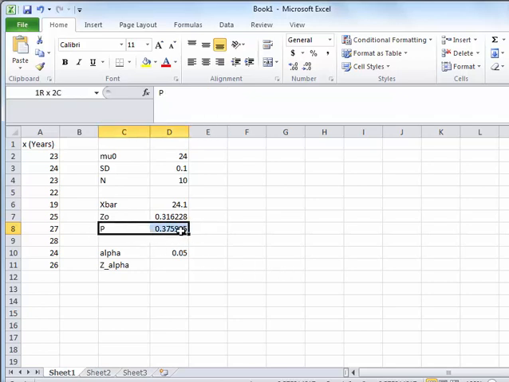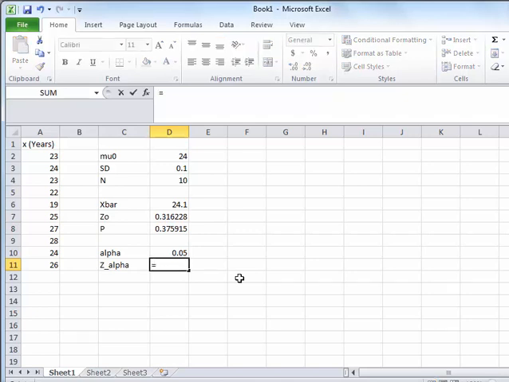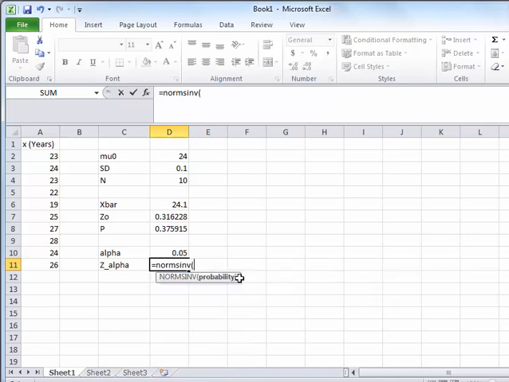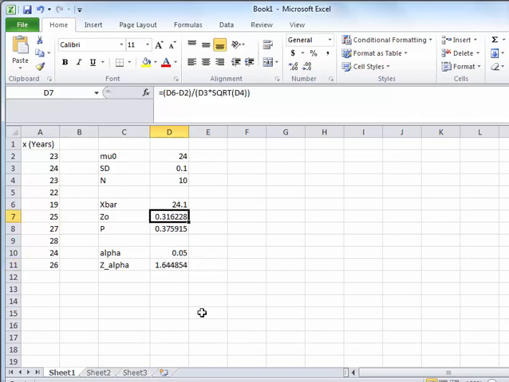When we go in and calculate z alpha, our z alpha is equal to the norm S inverse of 1 minus alpha, and that's 1.644, and this value is in fact greater than our z naught value.